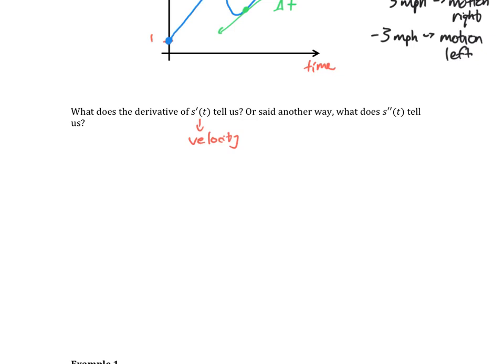Well, s double prime, or the second derivative of s, gives us the rate of change of velocity. Think about your car. When we talk about how fast the speed on your car is changing, what is that? It's also called the acceleration. So we would call it the rate of change of velocity, the acceleration.